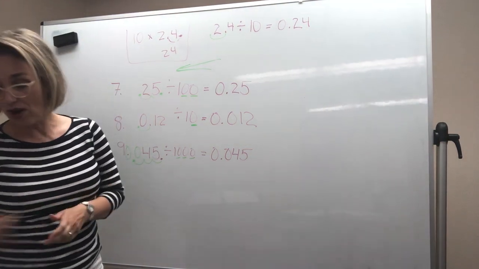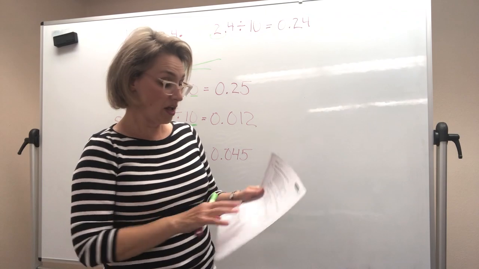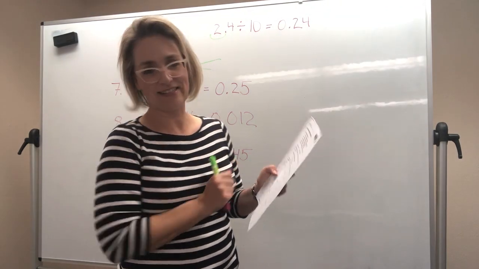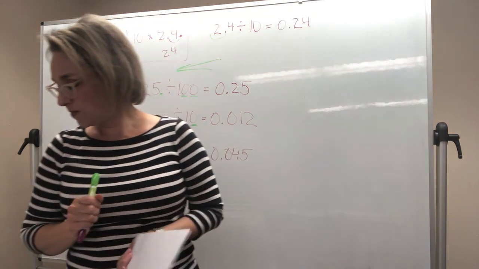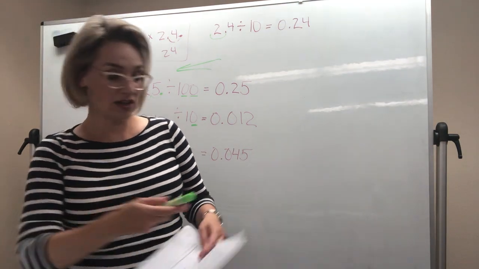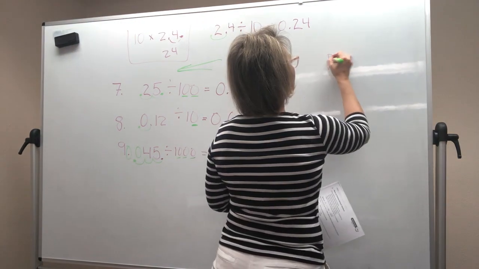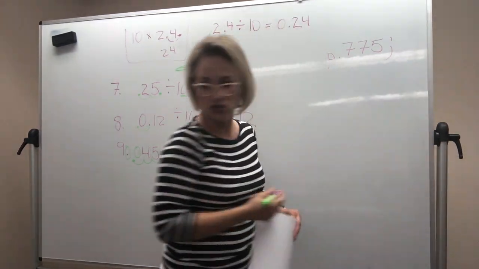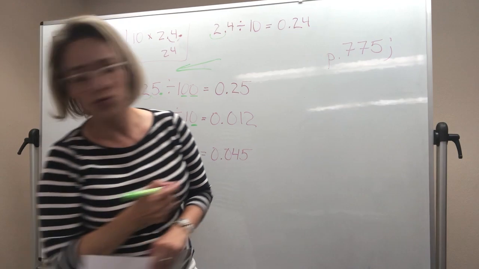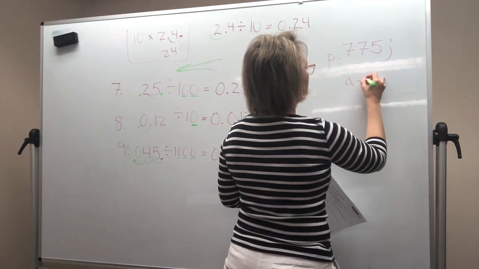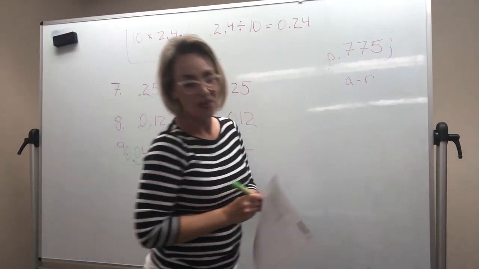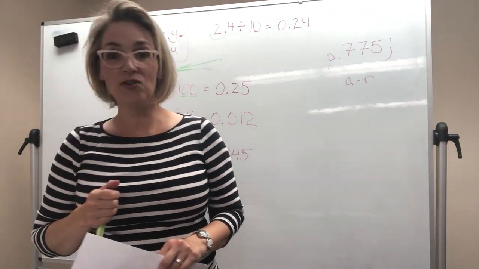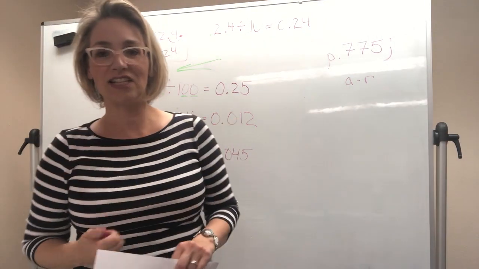Okay? All right, we have done almost all of your reteaching worksheet together. You have 4, 5, and 6 still left to do on here. And then in the book, your practice is on page 775, and you need to do A through R. Now, it sounds like a lot, but they're going to go pretty quick, especially J through R. Those are the ones like this where all you do is move the decimal over.